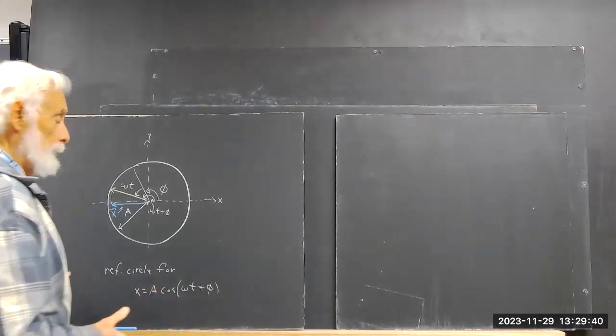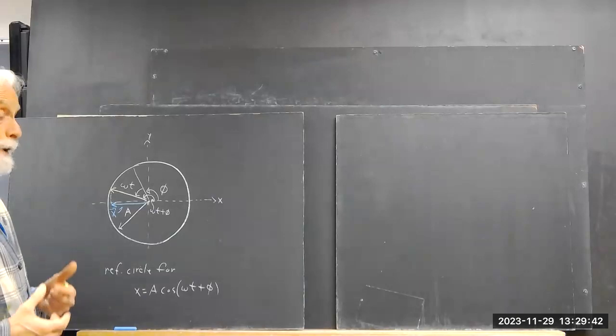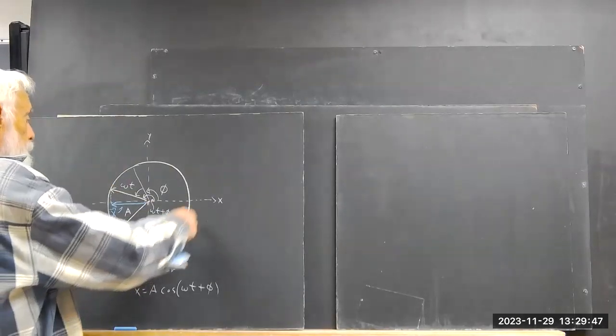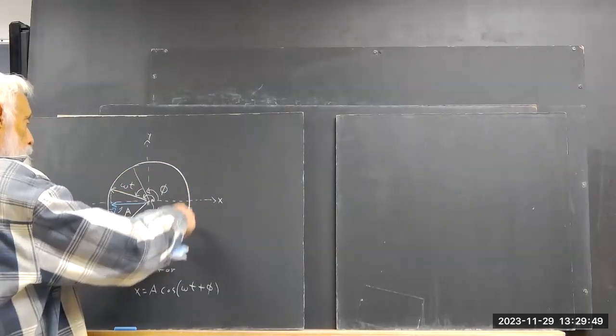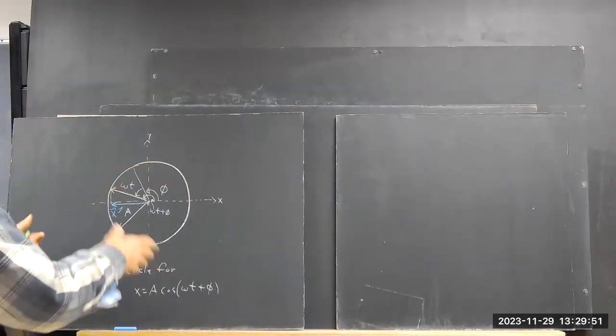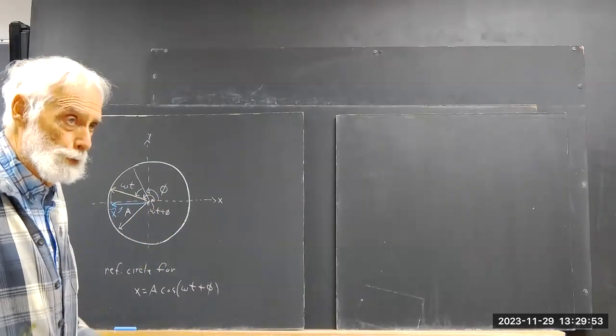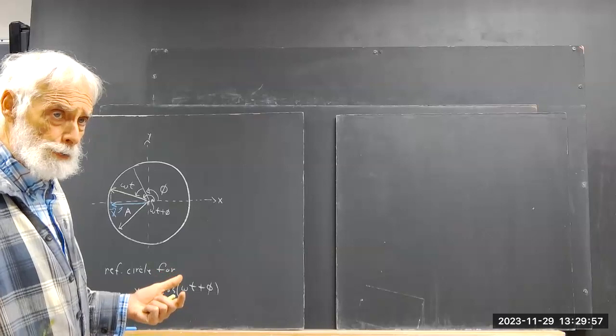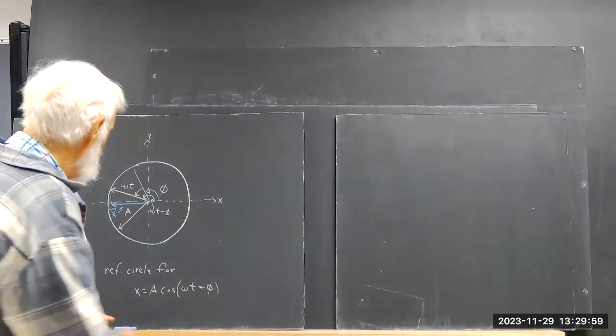If omega equals 2 pi, that means 2 pi radians per second. Then we're going to be going around the circle 1001, 1002, 1003. If it's 4 pi, we'll be moving twice that fast. If it's pi over 2, a quarter that fast. Does that make sense? Can you visualize it? Okay, so this is moving around.